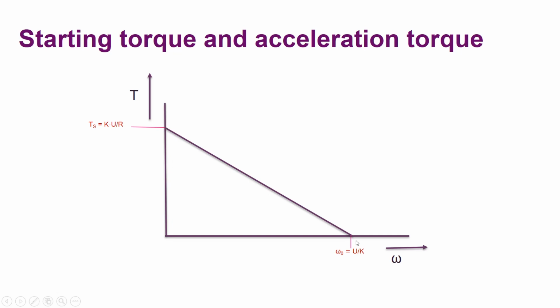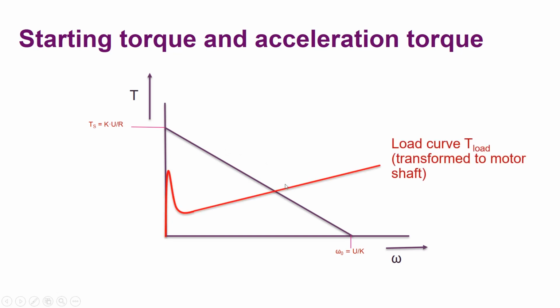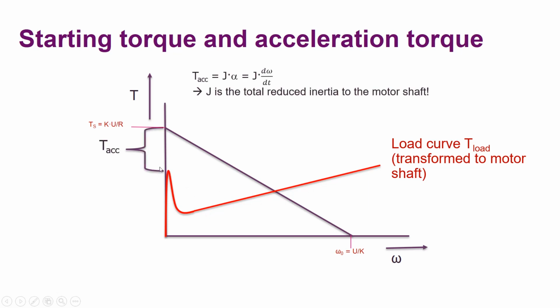Let's start off with the maximum starting torque and acceleration torque for a motor. Well, this is my motor speed torque characteristic, and in this plot we plot the load curve. So this is my load curve with a maximum static torque and a dynamic torque, which we see here, consisting of constant friction and a damping of the motor. So this is my maximum load torque, and the subtraction of my maximum motor torque and my maximum load torque is my acceleration torque.